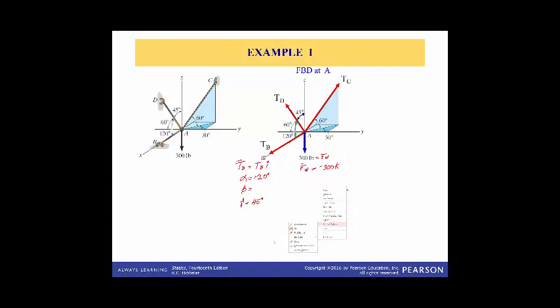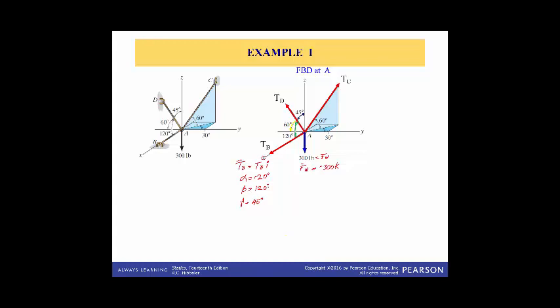This angle here is to the negative y, not the positive y. So that means that I don't have beta there. Instead, beta is going to be 180 minus 60, so it's going to be 120 as well.